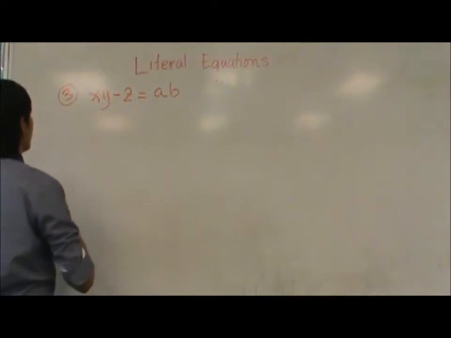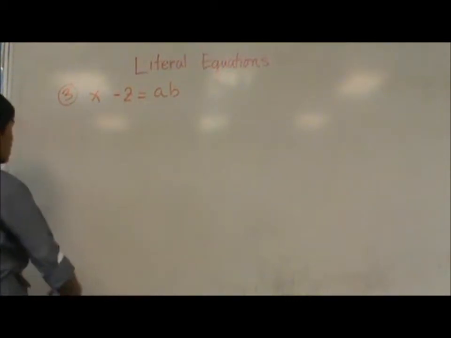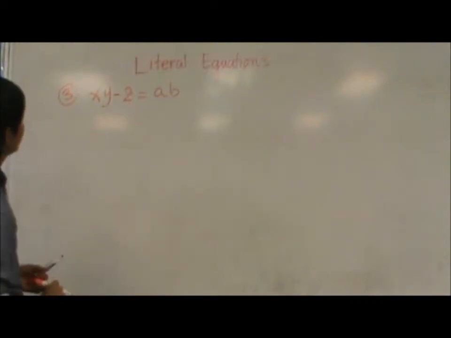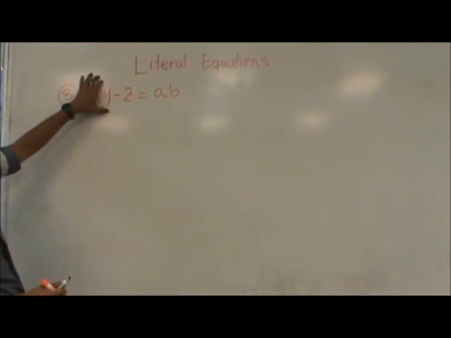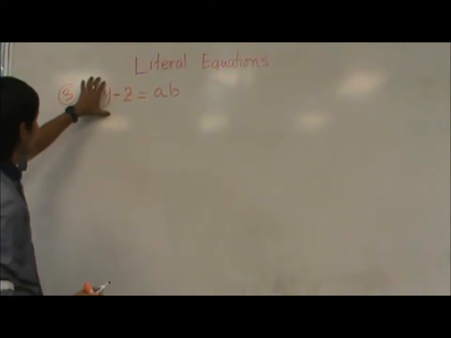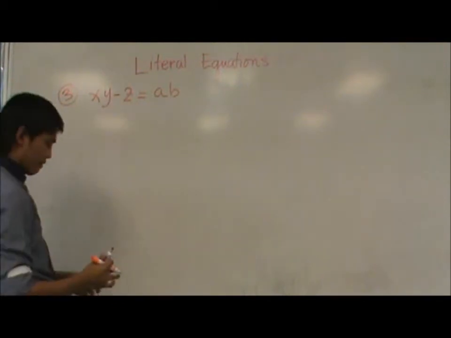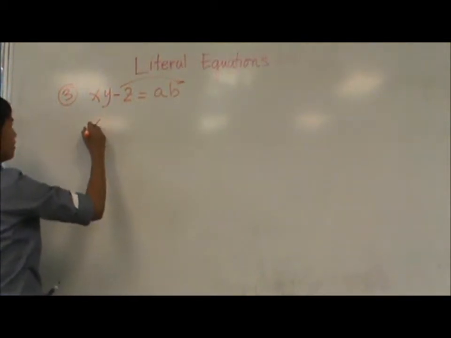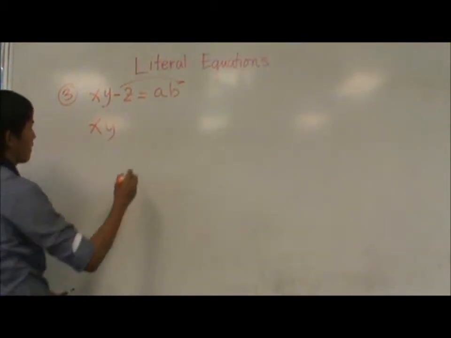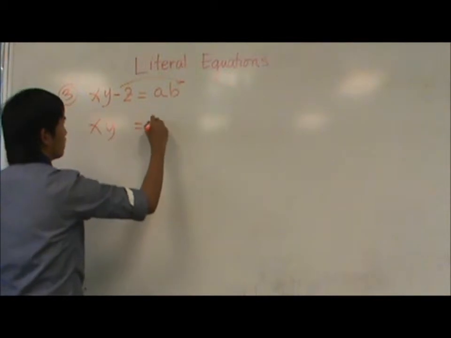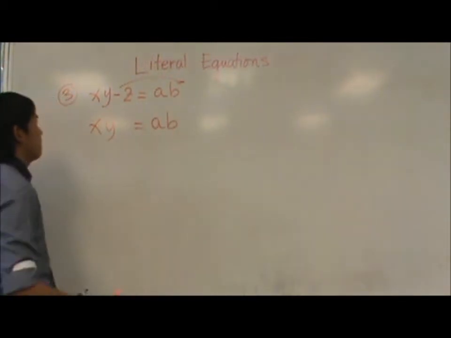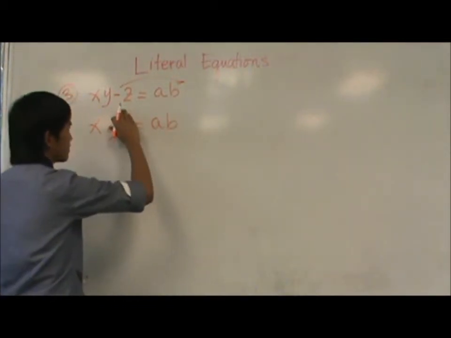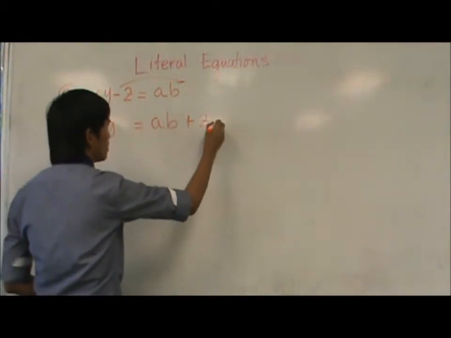Let's say we are solving for y this time, so I'm changing that to a red y. Once again, we need to get rid of that minus z by moving it over. So I'm going to write down xy equals, I'm keeping the ab, but that minus z must be transferred over from minus to plus z.